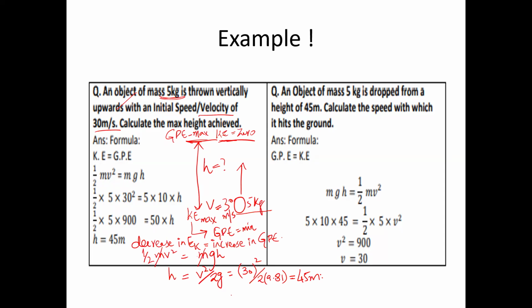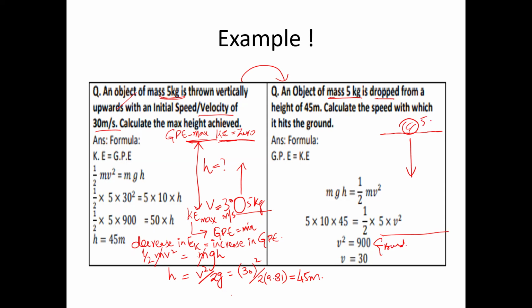When an object is being thrown vertically upward or an object is falling downward, like let's say the next part over here, we can see that an object of mass 5 kg is being dropped. So for instance, there is an object which is at a certain specific height, and it is being dropped. Definitely it is going to hit the ground.